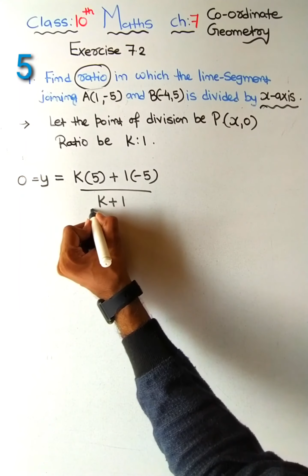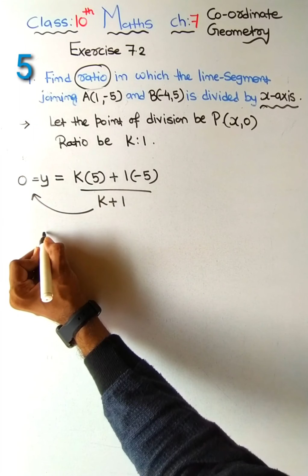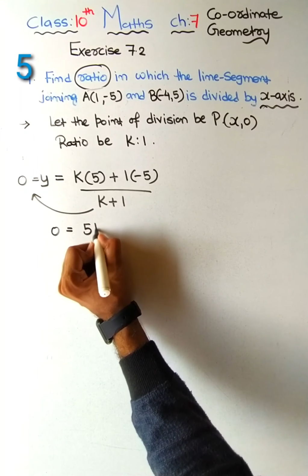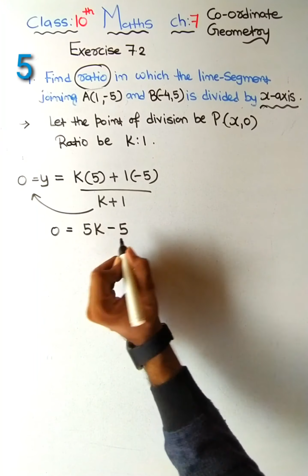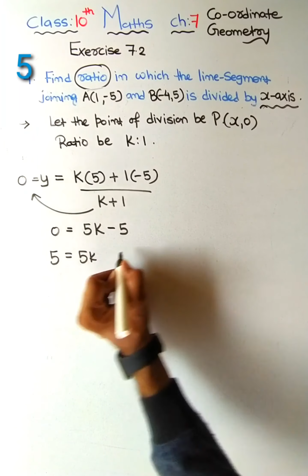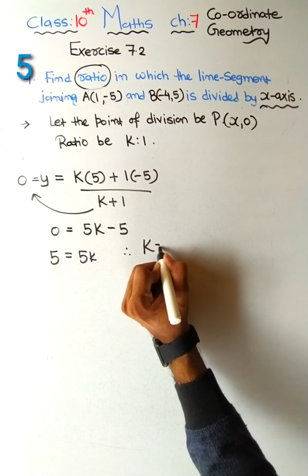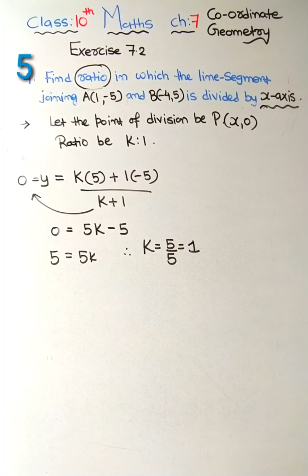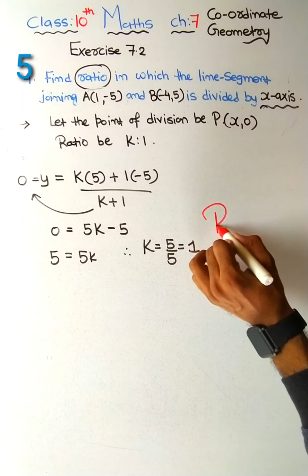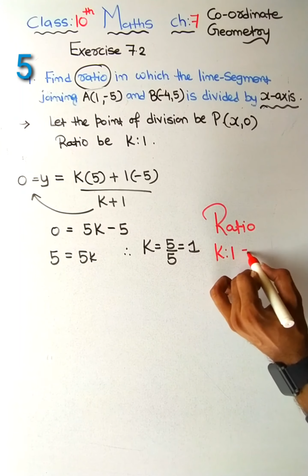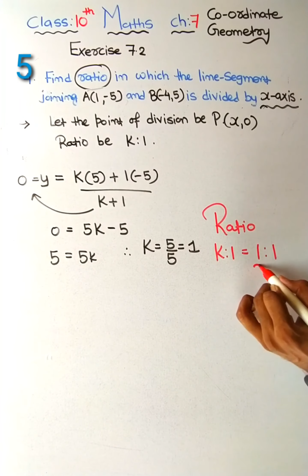So if we take k plus 1 on this side, it will be 0 into k plus 1, that is 0 only. Here it is 5k minus 5. So if you take 5 on this side, it will be 5 equals to 5k. So the value of k will be 5 upon 5, that is 1. So here you see our ratio that was k is to 1 is nothing but 1 is to 1.